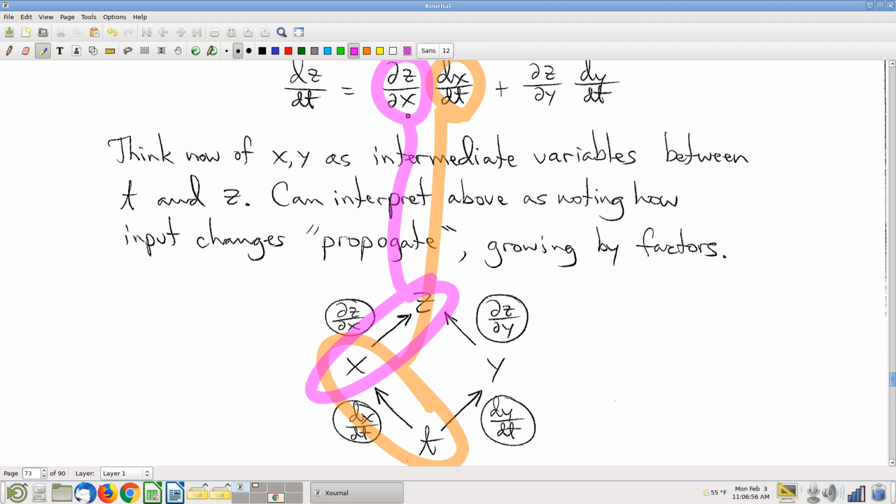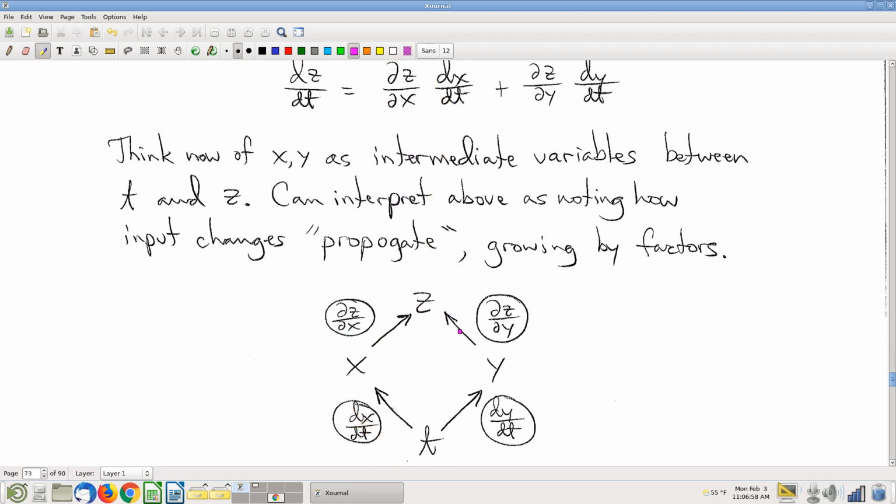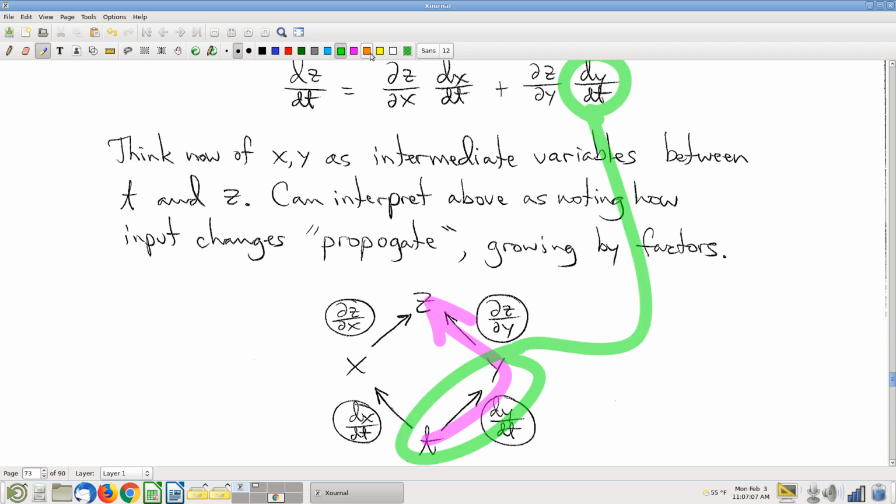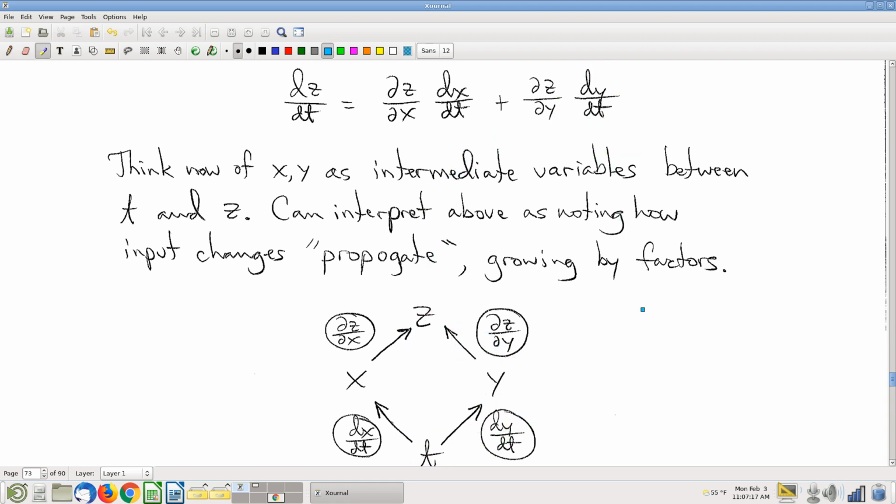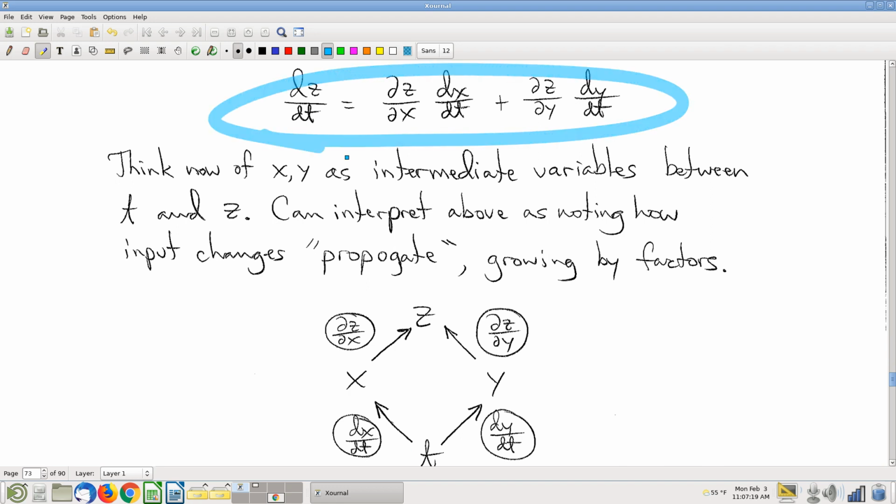Everybody good? Okay. So along this path, same argument. dy/dt, partial z with respect to y. So altogether then, you can think of this formula as coming from gradients and linear approximations, which is where we wrote it down in the first place.